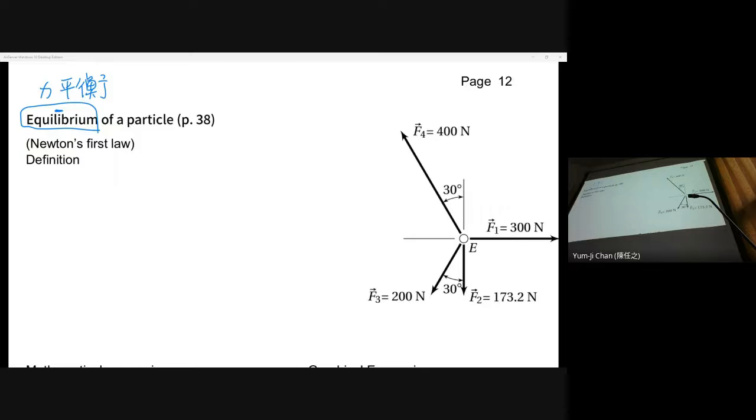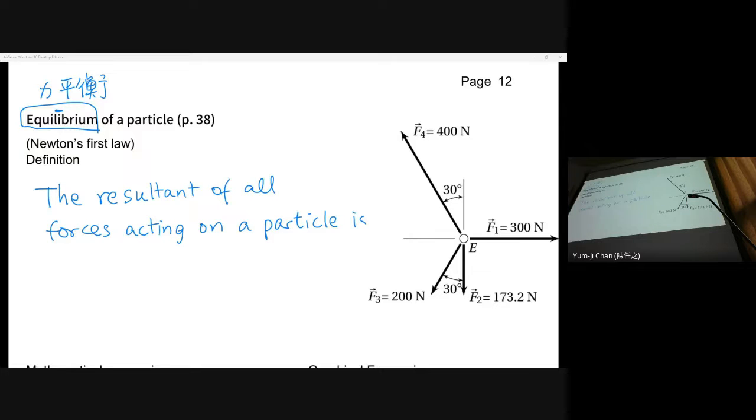Equilibrium is when the resultant of all forces acting on a particle is zero.